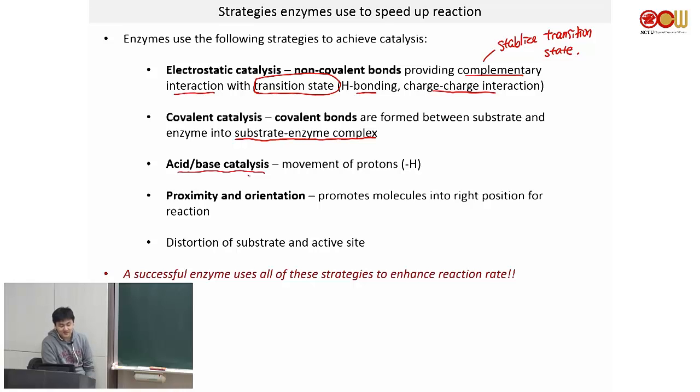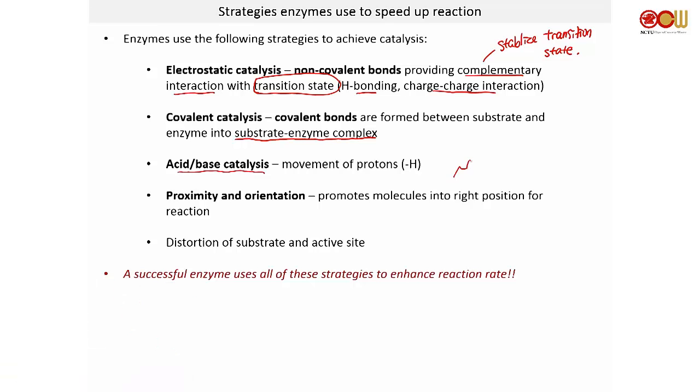Next, you have proximity and orientation. We talked about that previously with the delta S, right? So proximity and orientation works by promoting the molecules into the right position for reaction. Let's say you want to react fatty acid right here. Then the orientation, of course, matters.